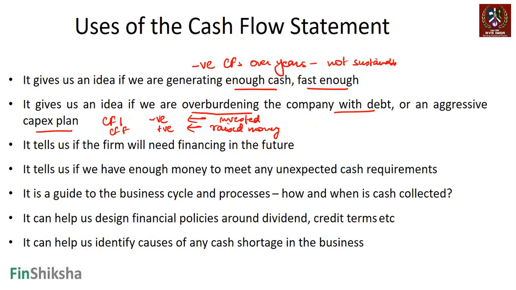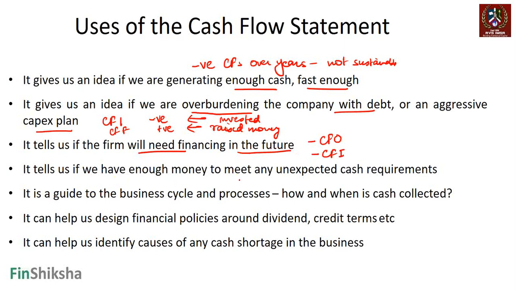And if you keep doing huge numbers in this over a period of time, it gives us an idea whether you are overburdening the company there. It tells us if the company will need financing in the future. If you see negative CFO continuously, then at some point of time you will need money to run the business, right? Or if you're seeing negative cash flow from investing, at some point of time you will need money to do all those investments, right?